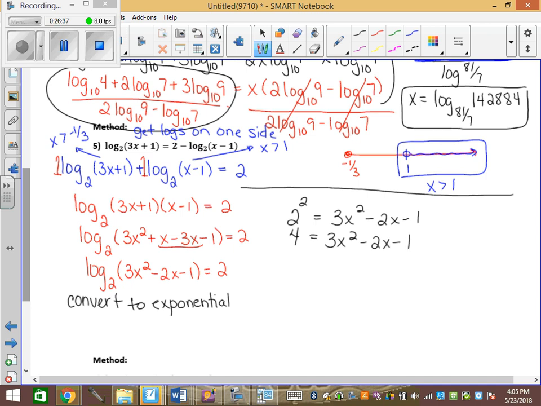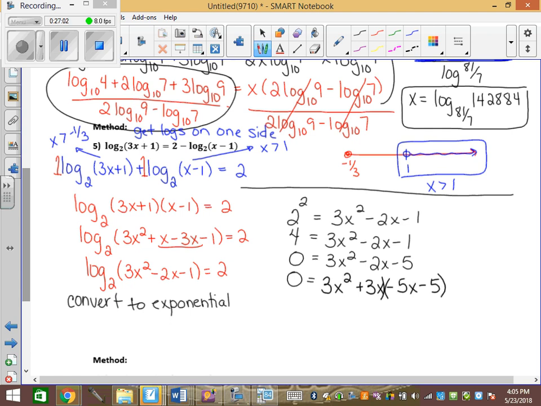When you have a quadratic, you always have to get everything to one side set equal to 0. So we're going to get 0 = 3x squared - 2x - 5, which is decomposition. What multiplies to give negative 15 and adds to give negative 2? It's going to be positive 3x and negative 5x.